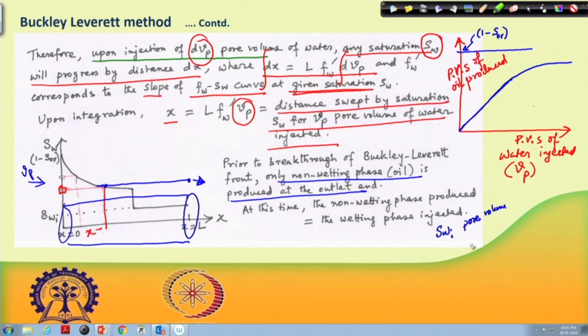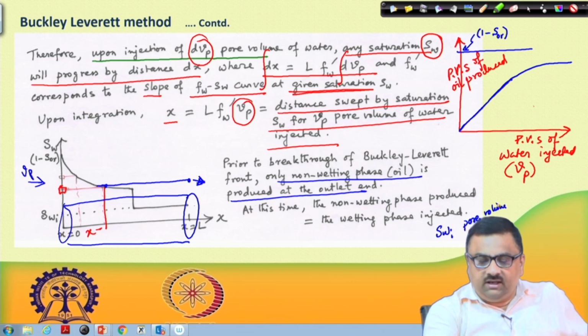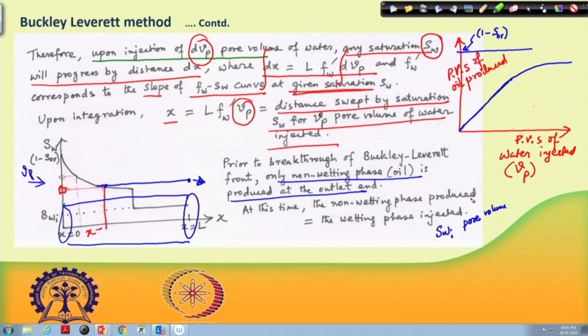Suppose out of 50 milliliters, we have 10 milliliters of water and 40 milliliters of oil. So SWI is the pore volume of water present in the system.